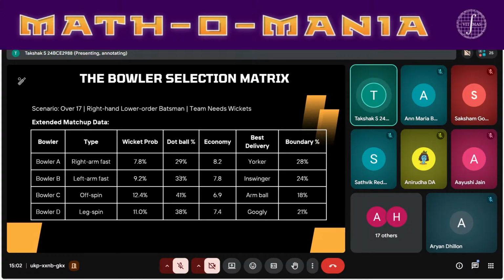His best delivery is the on ball, and his boundary chance is 18%. And bowler D is a leg spinner, and his wicket taking probability is 11%, the dot ball percentage is 38%, economy is 7.4, best delivery is the googly, and his boundary rate is 21%.